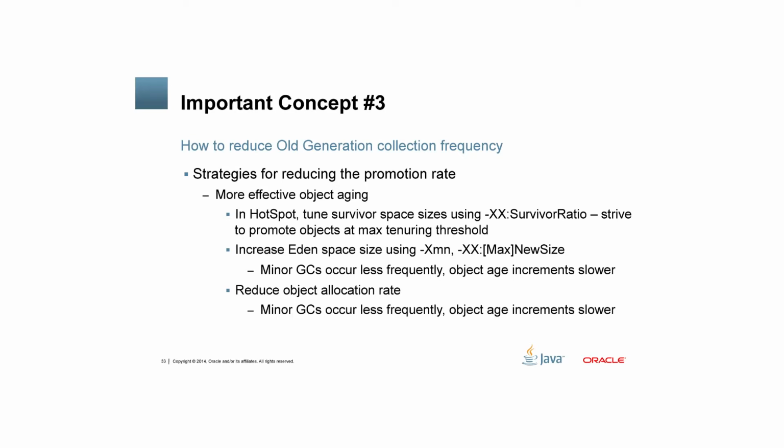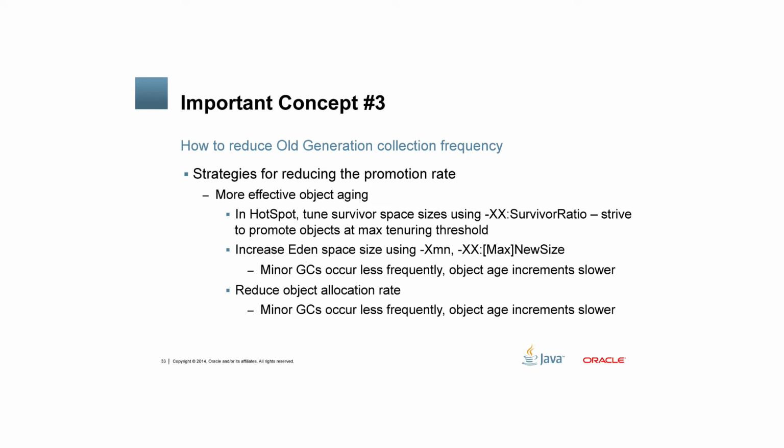The HotSpot JVM will choose a default max tenuring threshold, or you can set one explicitly at the command line. You could also increase the size of the Eden space by increasing the value you set for the young generation size, -Xmn, or through max new size.